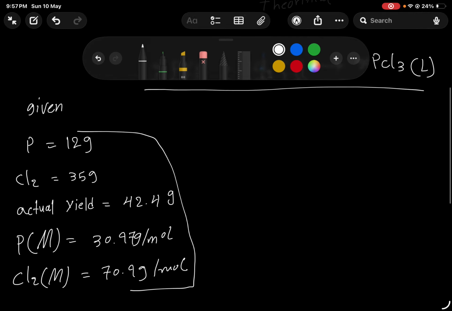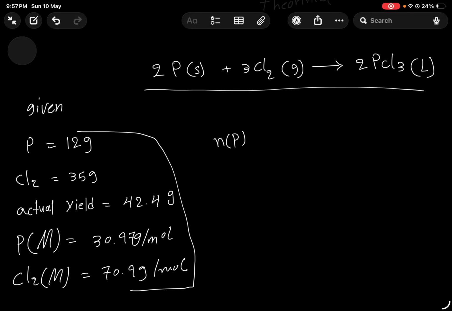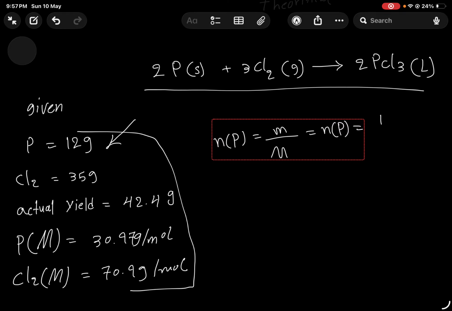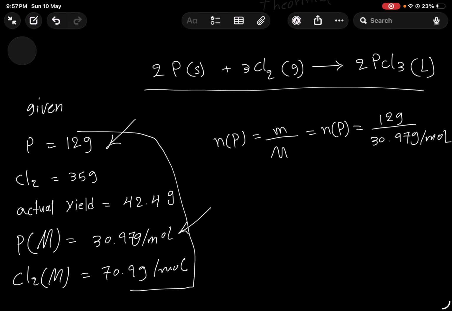So first we need to find the mole of P. The mole of P is equal to mass divided by molar mass. In this case, n of P is equal to the mass of P, which is given in here, 12 grams, divided by the molar mass, which is given in here, 30.97 grams per mole.